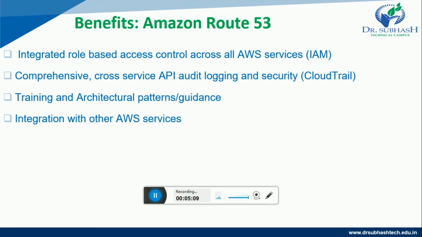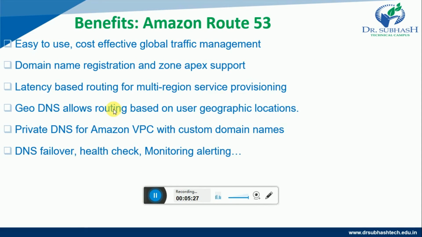That is nothing but CloudTrail, that we will see in our upcoming video lectures. Third one is, it provides training and architectural patterns or guidance. And fourth one is, it is integrated with other AWS services. The other benefits are, it is easy to use, cost-effective global traffic management, domain name registrations and zone APEX support.